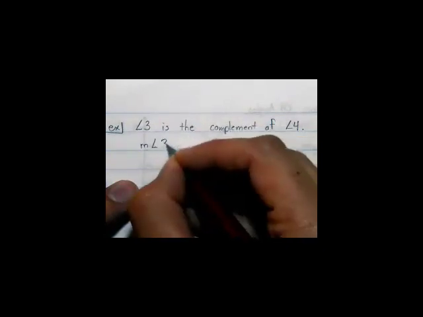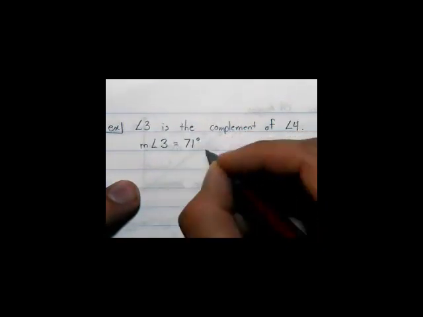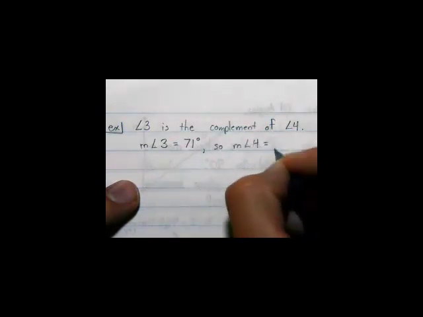So first, and this one's not even going to have a picture, angle 3 is the complement of angle 4, and the measure of angle 3 is 71 degrees. So the measure of angle 4 equals what?